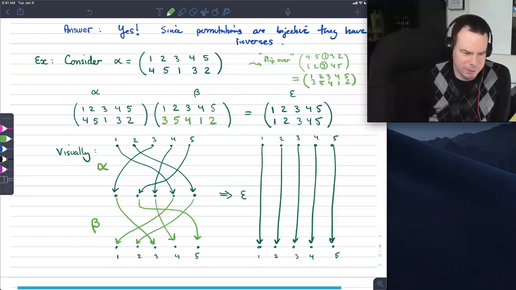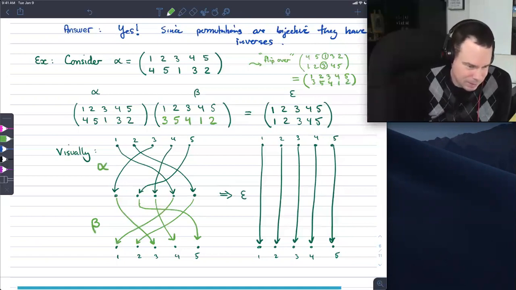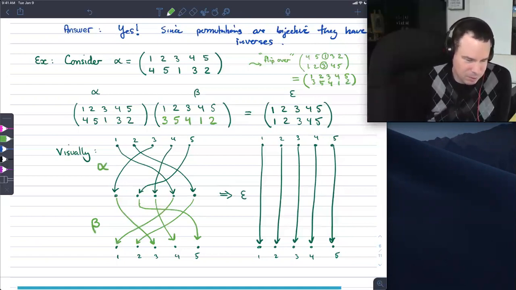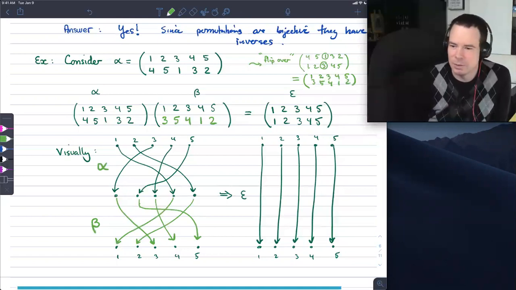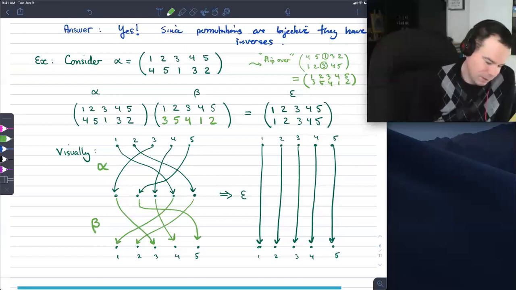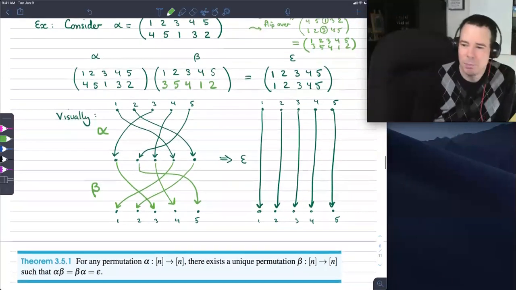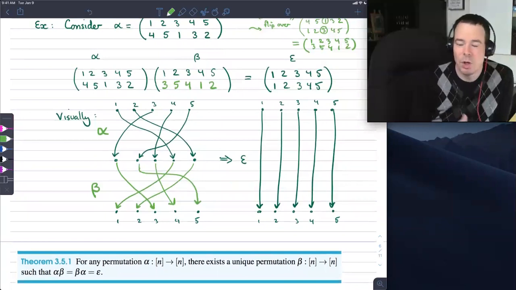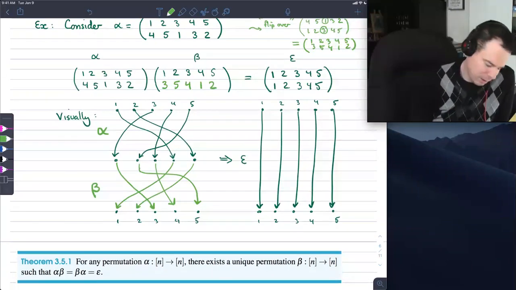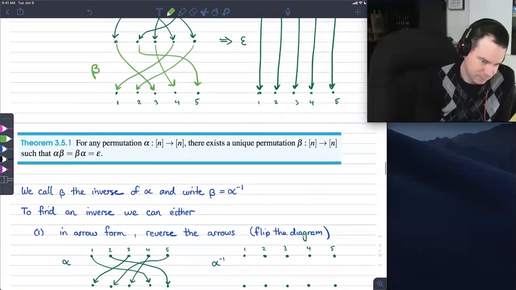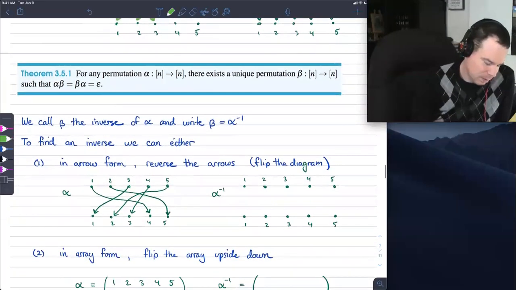Just flip them upside down. Yeah, exactly. It's like f of x equals y is going to f of y equals x. You got it. Yeah, so that's the key thing, inverses here are very nice and straightforward to work out, because all we're doing is, in some sense, just reversing the arrows in our arrow diagram.